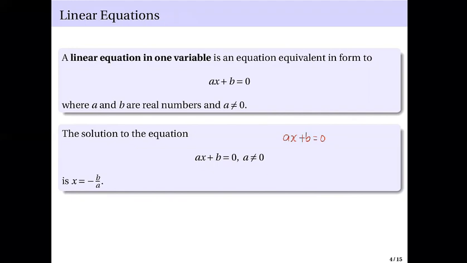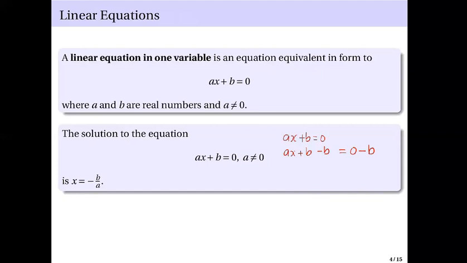This is a step-by-step process, so do not be surprised. We start by adding, or rather subtracting, b on the left-hand side of the equation. But the addition property of equality tells us that we should subtract b on the right-hand side of the equation also.